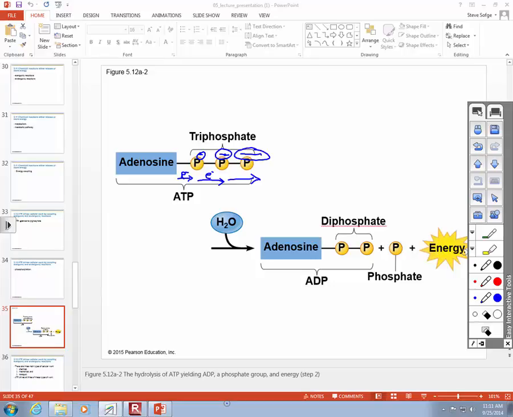So what's happening here is, if I can cause that third phosphate to push away from the other two phosphates, there's energy in the movement of that phosphate. And that's the weird thing to me: the phosphate moving from where it originated right here to where it will end up over here somewhere, the movement of that actually creates energy.